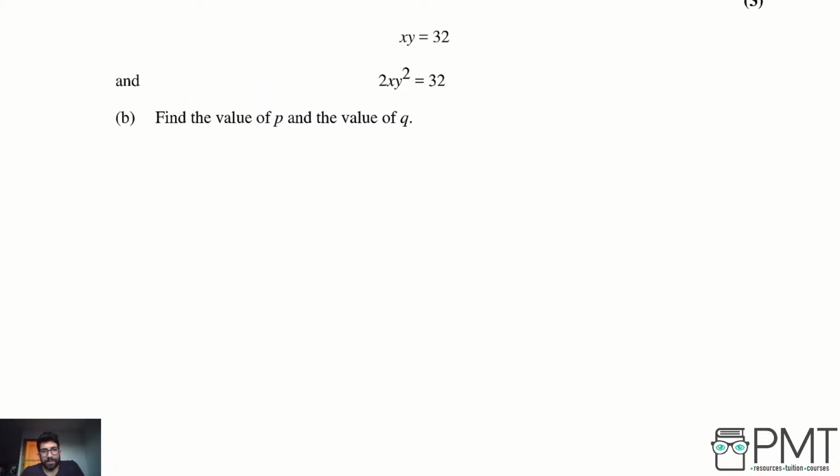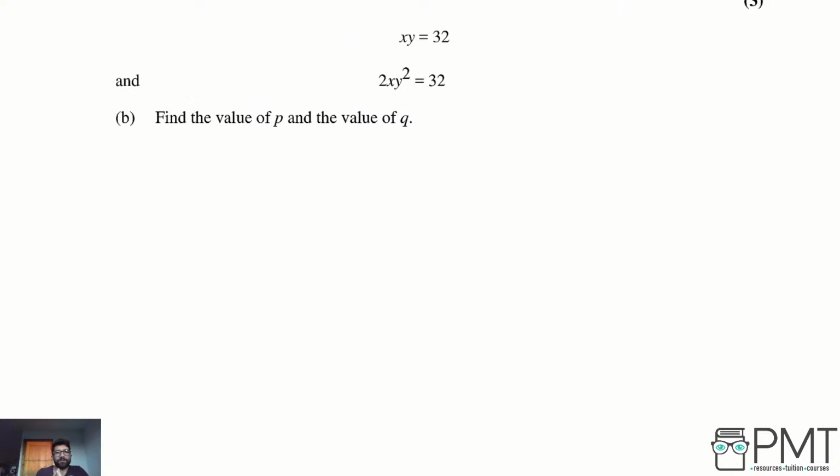What would you do then? You can't really keep them in x and y. It would be easier to change them into p and q so that you can solve them simultaneously. I'll assume you're familiar with simultaneous equations. You might have done simultaneous equations. I'll explain that quickly. But firstly, let's get rid of x and y.